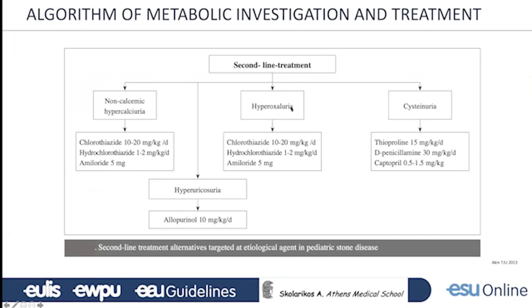If it is hyperoxaluria, again at the same doses, chlorothiazide, hydrochlorothiazide, and amiloride. And for cystinuria, you give Thiola, 15 milligrams per kilogram per day, D-penicillamine, 30 milligrams per kilogram per day, or captopril, 0.5 to 1.5 milligrams per kilogram, and I am happy to discuss what we recommend in the guidelines.